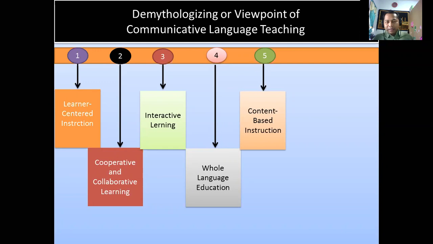Today, we are not studying English skills, but the language that we use is English. The content of the material is the viewpoint of communicative language teaching, and to discuss this, we use English. So this is called content-based instructions.